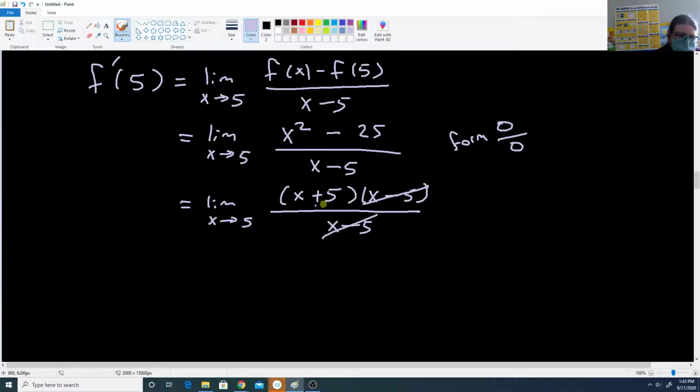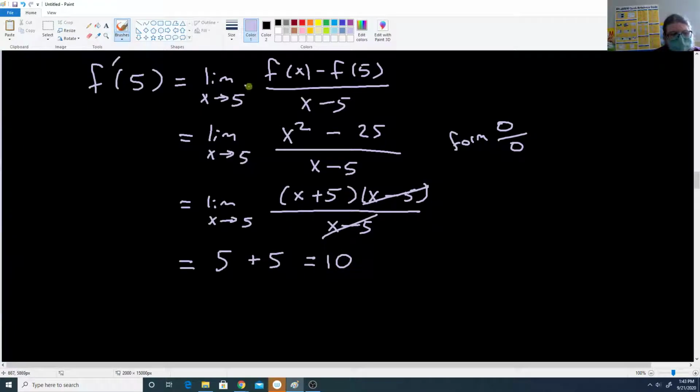That leaves us with x plus 5, which is continuous, so I can evaluate it by substituting in 5 for x. Because if the function's continuous, the limit as x approaches 5 will be the same as the function with 5 replacing the x. So we get 5 plus 5, which is 10.